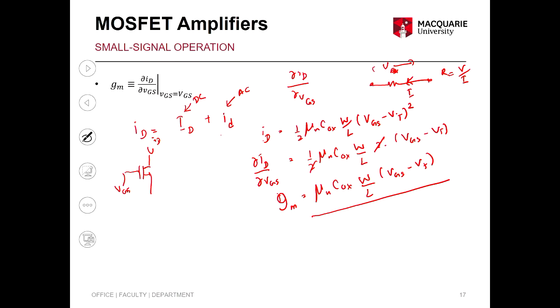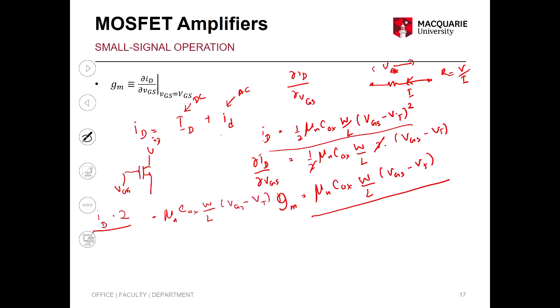GM can have different forms. Let's look at GM in a little more detail. I can rearrange this formula. Take the ID, take the 2, so I'm trying to leave mu n Cox W over L (VGS minus VT).